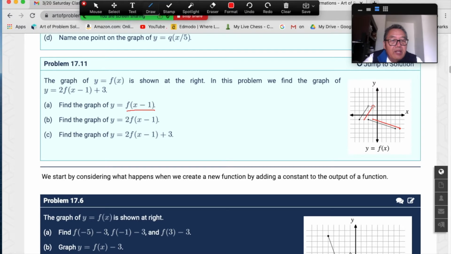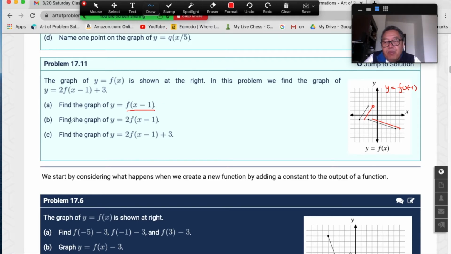This red color is the graph of y equals f(x minus 1). Okay, you got this. Here minus 1 means you need to shift the graph of y equals f(x) to the right side 1 unit.